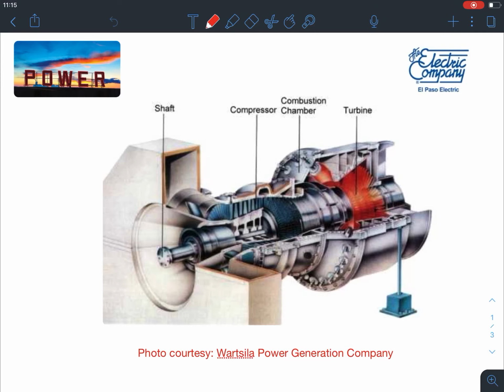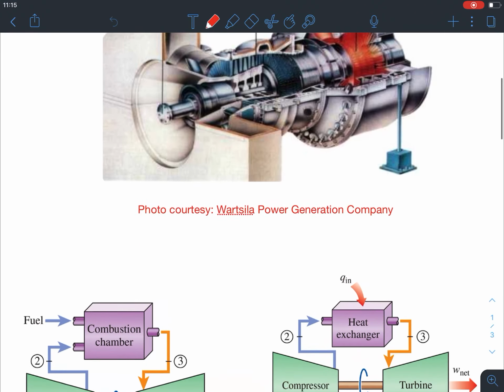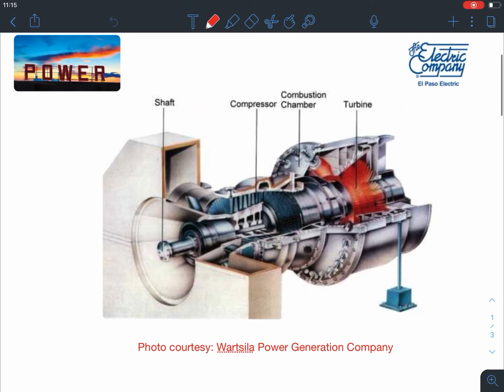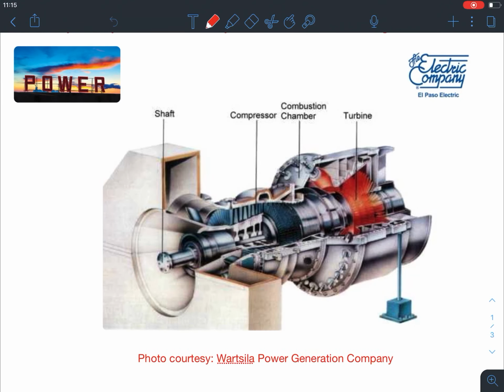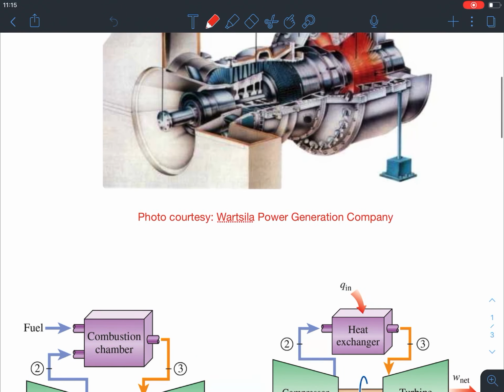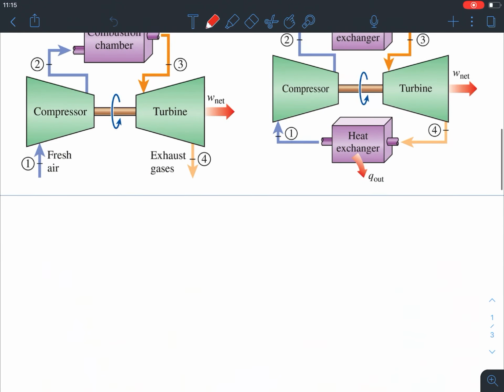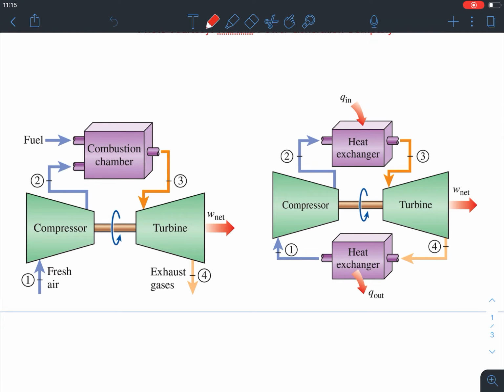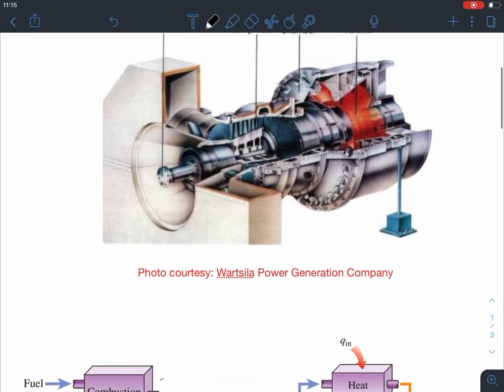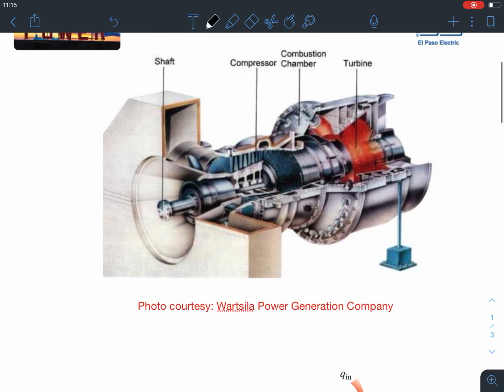So let's take a look at what the cycle looks like for this gas turbine. We can see it's pretty much an open cycle, an open system. It has a combustion chamber, a turbine, a compressor, and a shaft.